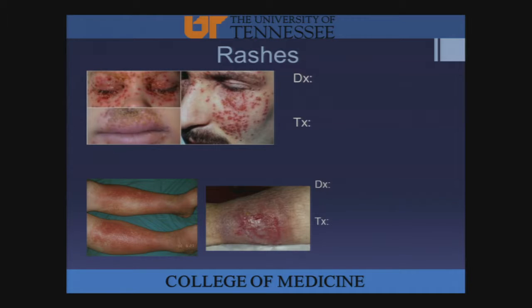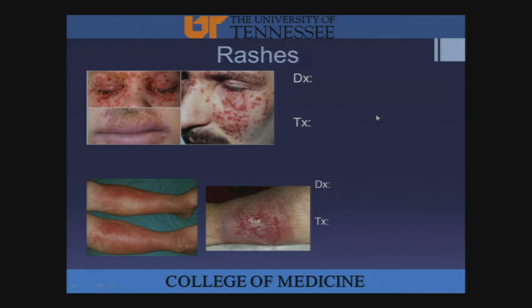What is this? What does it look like? Happens in kids a lot too. Okay, can be, but how about this? This person was exposed to HSV. Most patients don't know they've been exposed to HSV, but this is sometimes the first manifestation.